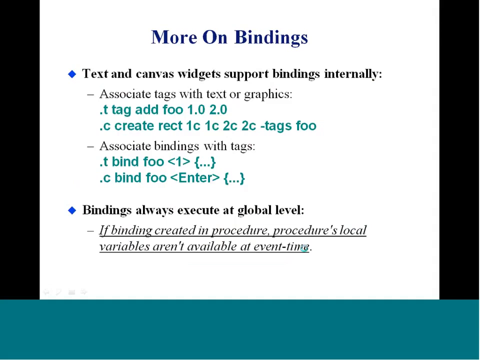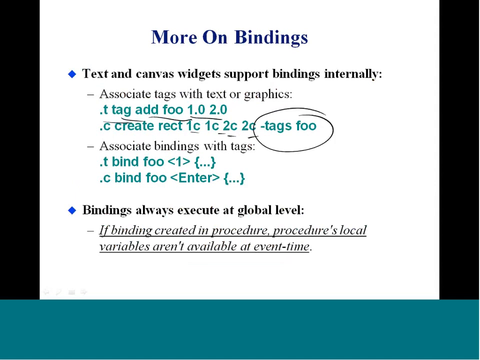So some more information about the bindings. Text and canvas widgets support bindings internally. So they associate tags with text or graphics. So here like a tag add foo 1.0 2.0 or create rectangle 1c 2c 1c 1c 2c 2c and then the tags foo.